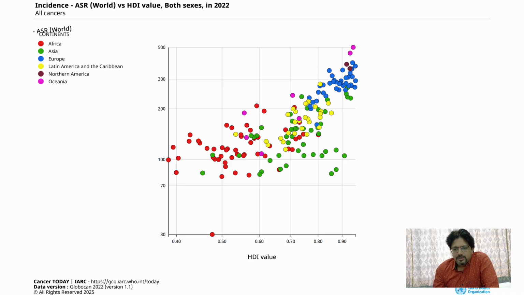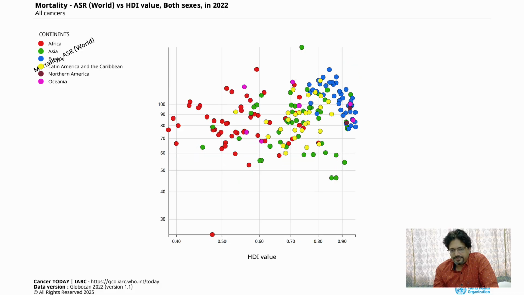Countries like those in pink, Oceania, and blue, Europe, which have a good HDI value, have a higher incidence of cancer. The mortality rate is also higher in countries like Europe, at the highest level. It's just a scattered chart.